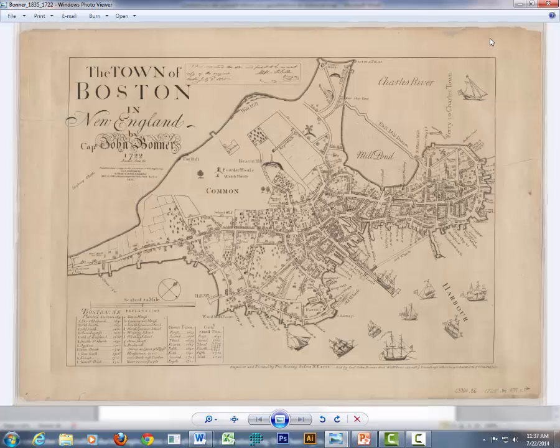In our hypothetical exercise, my idea is that I want to see how the street pattern in 1722 compares to the street pattern in Boston today, and I also want to see which cultural features, such as buildings or particular land use, may have survived into the present day.